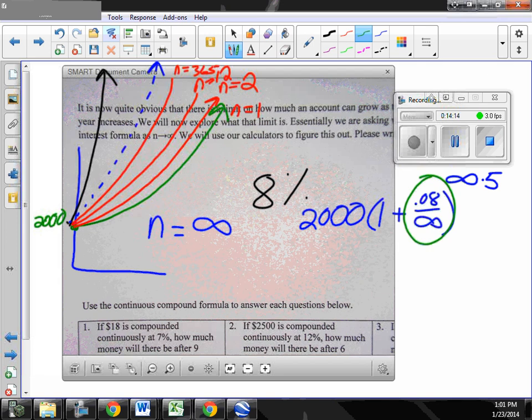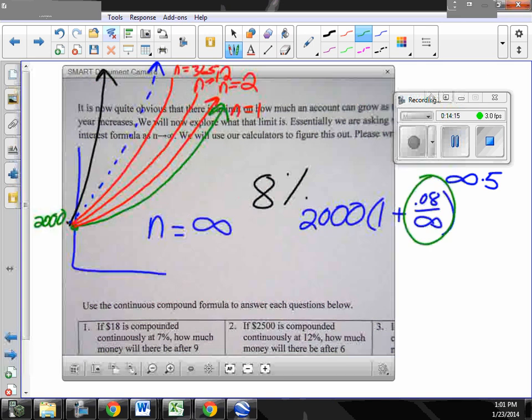So what happens as the denominator gets bigger? The number gets smaller. So this number has an infinite number of zeros and then an 8, which is actually 0. If I take 0.08 and I cut it into an infinite number of pieces, how wide is each piece? It's really small. So this number is almost 0.